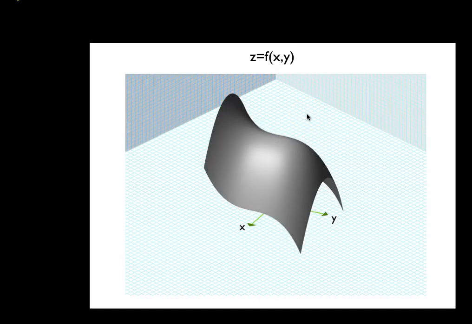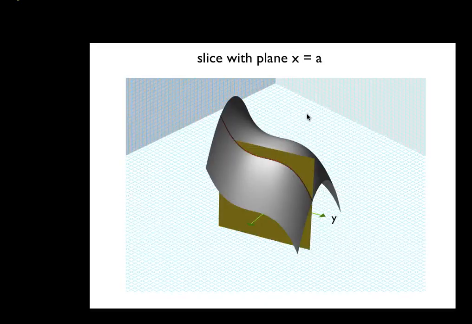When we talk about the partial with respect to y, we're going to hold x constant. And that means we're going to intersect the surface with the plane where x equals a. Again, the points that the surface and the plane have in common form that red curve.